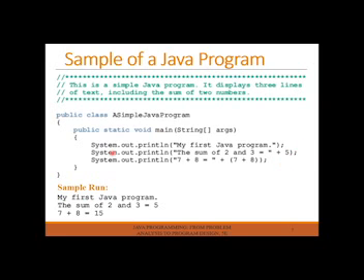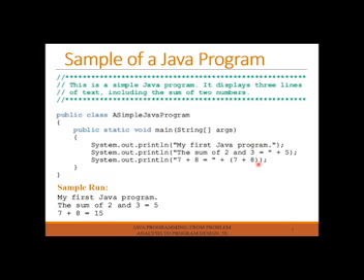And then another statement, system.out.println, open parenthesis, open quote, tapos 7 plus 8 equals, may space ulit before the close quote, and then space, plus sign, space, ito na, naka-open and close parenthesis sa loob yung 7 plus 8.